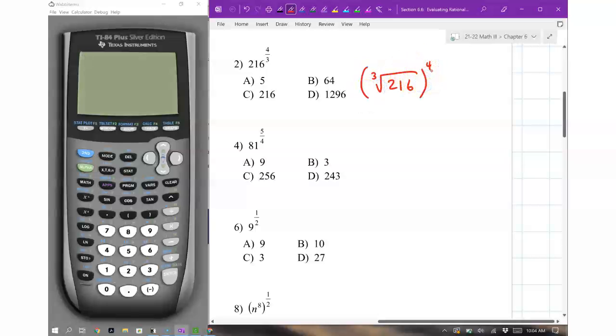But notice that's not the answers they give me, right? They're giving me whole numbers. Why? Because they're actually putting this into a calculator and calculating it. So I'm going to press 216 to the power of 4/3, hit enter, and it says 1296.